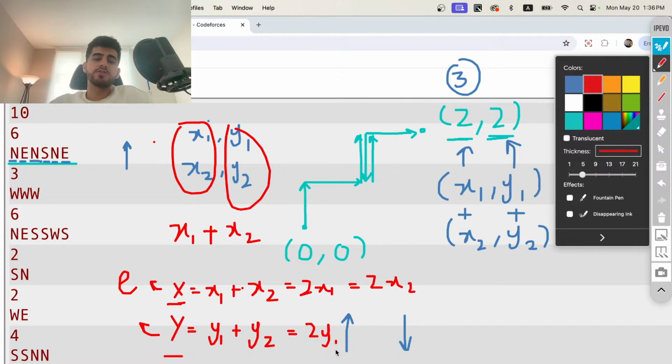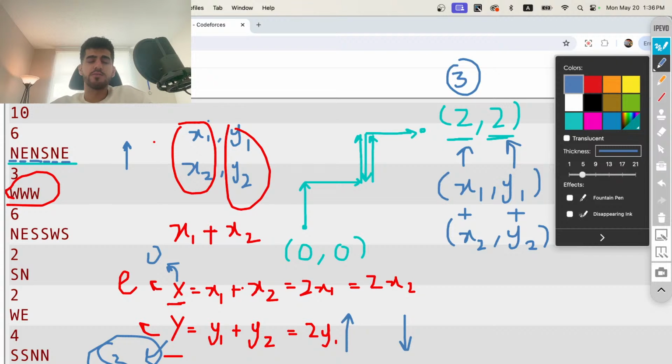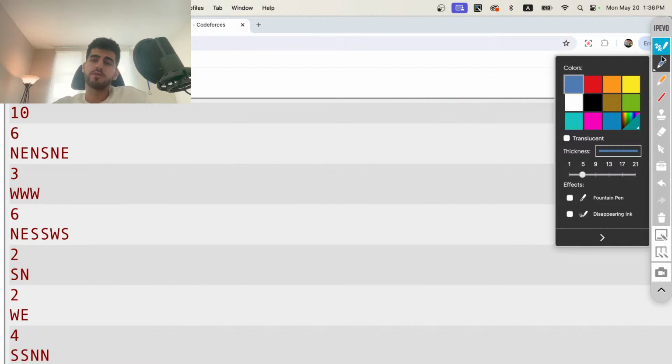So if they're odd, then definitely the answer is no. For example, in this case, it is odd, because we have west 3 times, so capital X will be 0 at the end and capital Y will be minus 3 at the end. And this is an odd number, so the answer is definitely no.